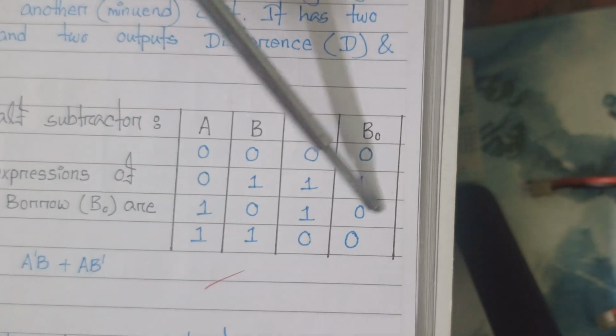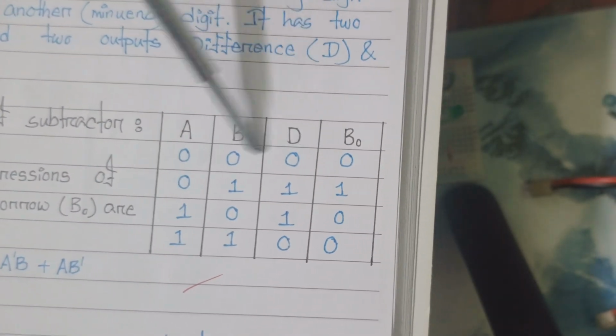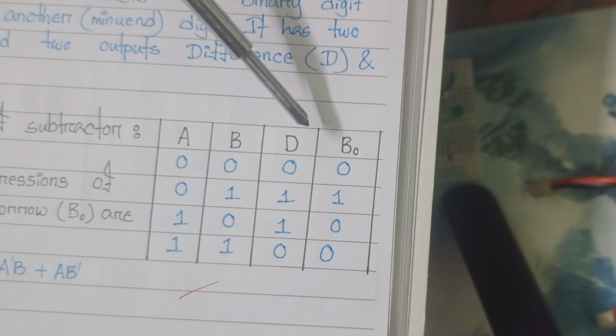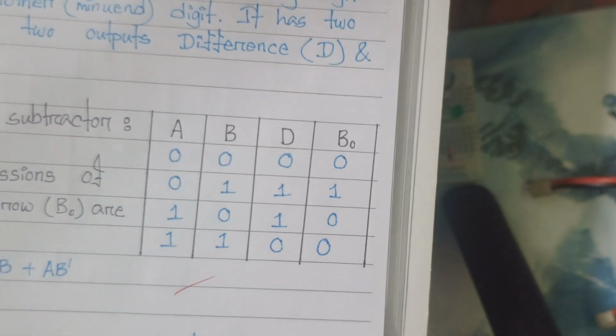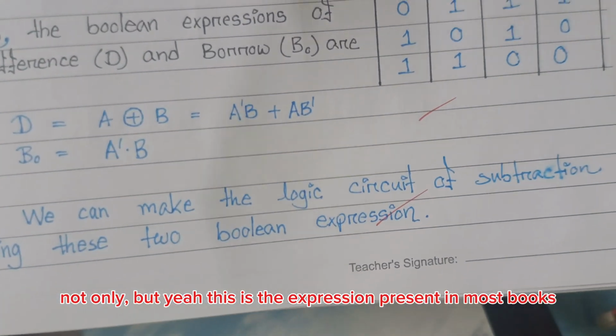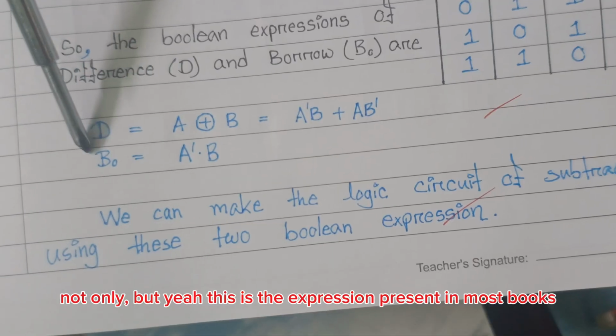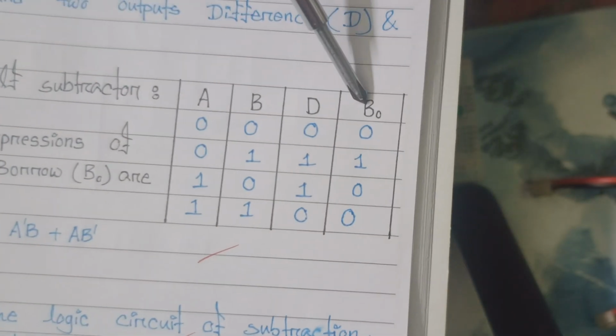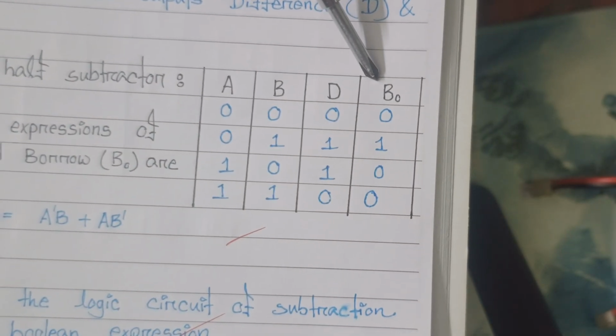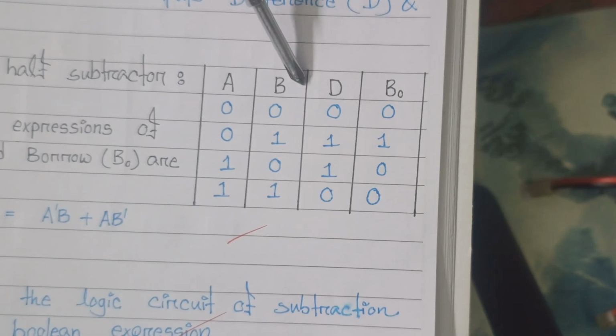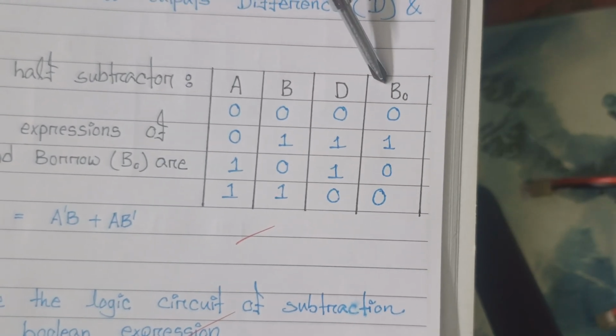To mimic this truth table's behavior, we use a particular boolean expression. By the way, this is called borrow out because in the full subtractor there is also a borrow in.